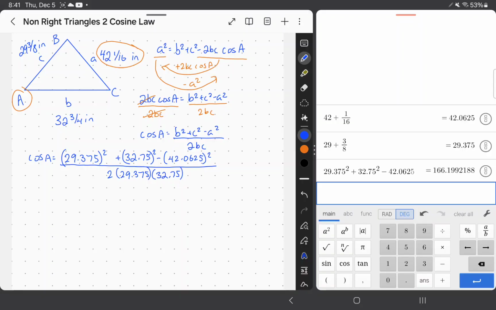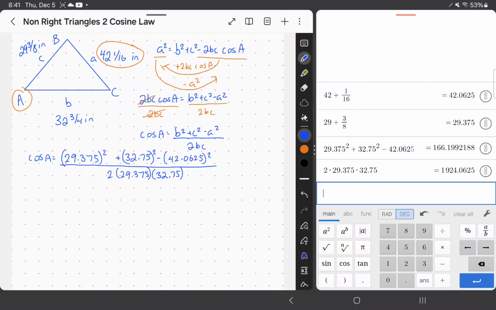And the bottom part is 2 times 29.375 times 32.75, and that's 1,924.06. So since we're dealing with cosine, we should usually be seeing a value less than 1, so usually a decimal.